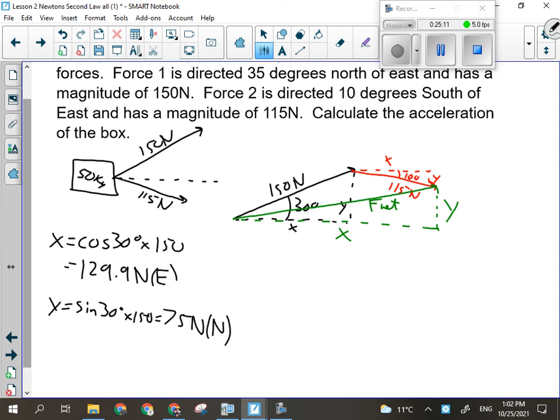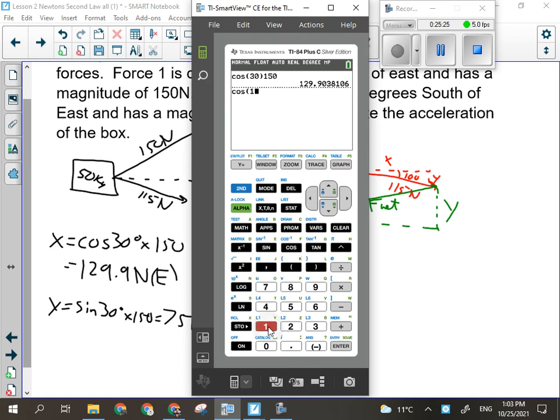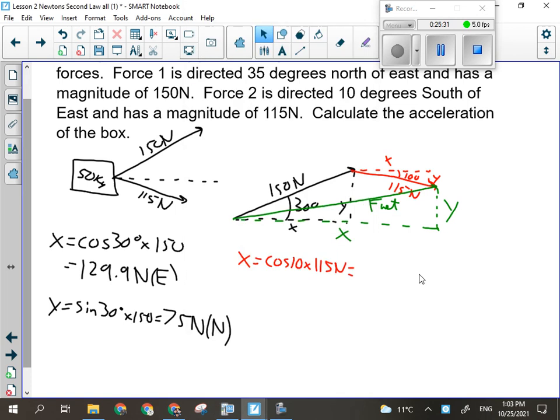For my directions, for the red triangle, red x is the adjacent side, so we'll have the cos of 10 degrees times 115 newtons. So that side's 113.25, and it's east.